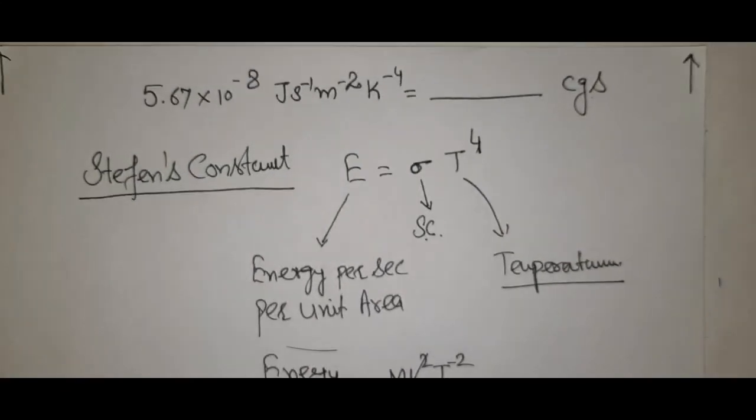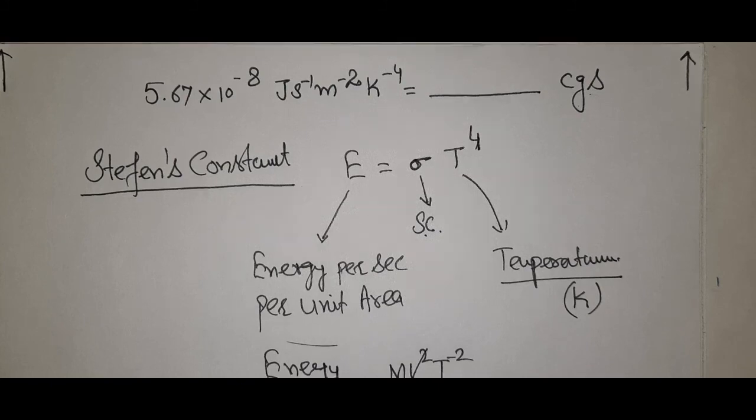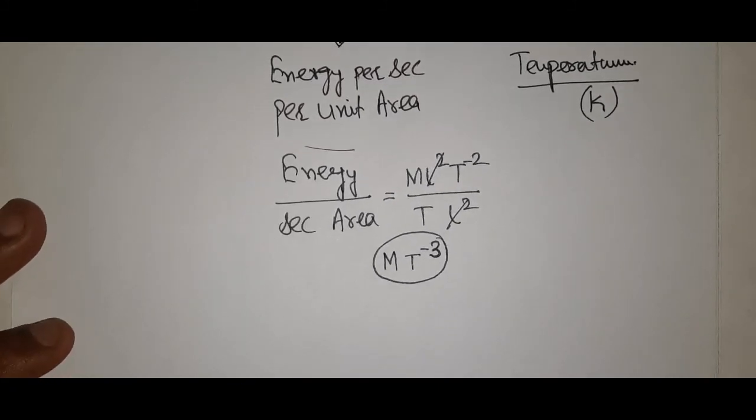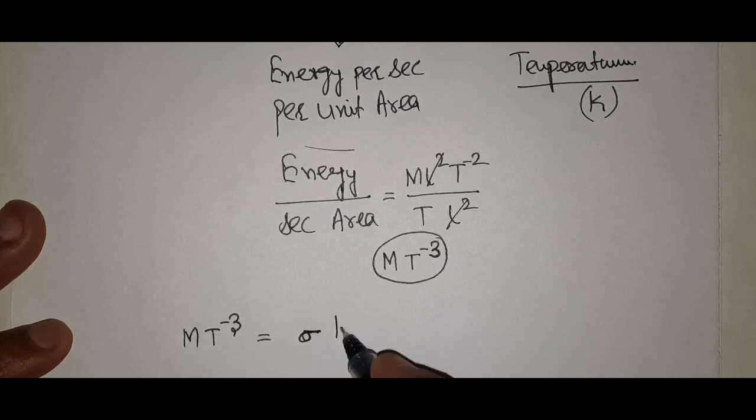Now temperature will be giving you Kelvin K. Now placing this all in the given formula, energy per second per unit area MT minus 3 is equal to sigma temperature raised to the power 4. Temperature means Kelvin raised to the power 4.